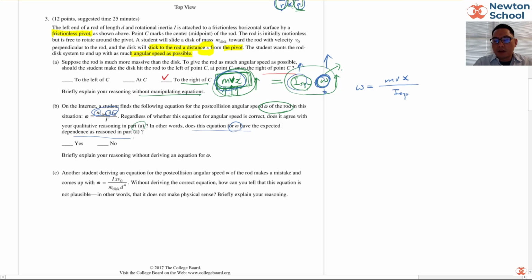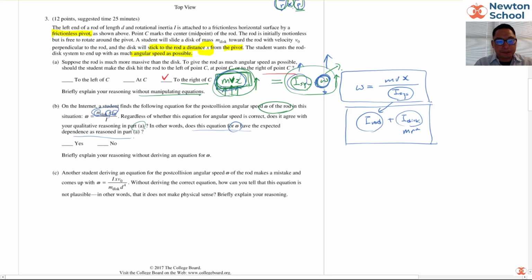But this I, I need to talk about a little bit later. I of the system actually consists of I of the rod plus I of the disk. And usually you just leave it as I of the rod. I of the disk, since it's a point mass, is going to be mr squared, but we'll see if we really need this. For this analysis, I think this is good enough.